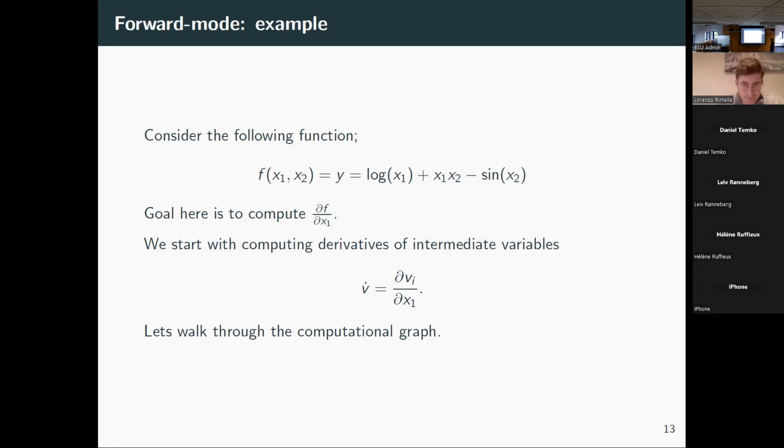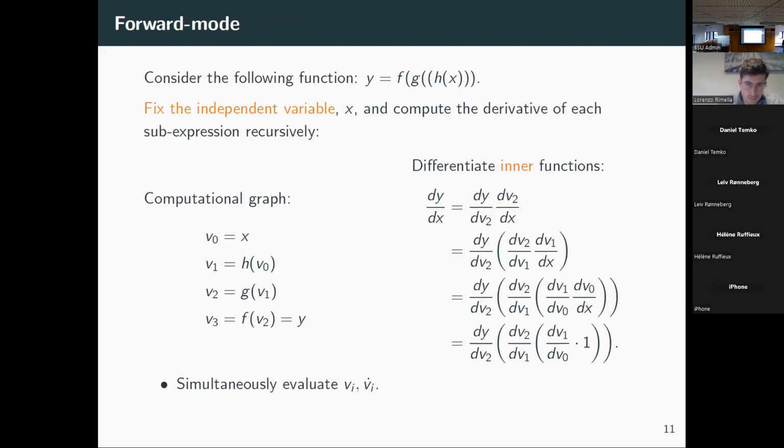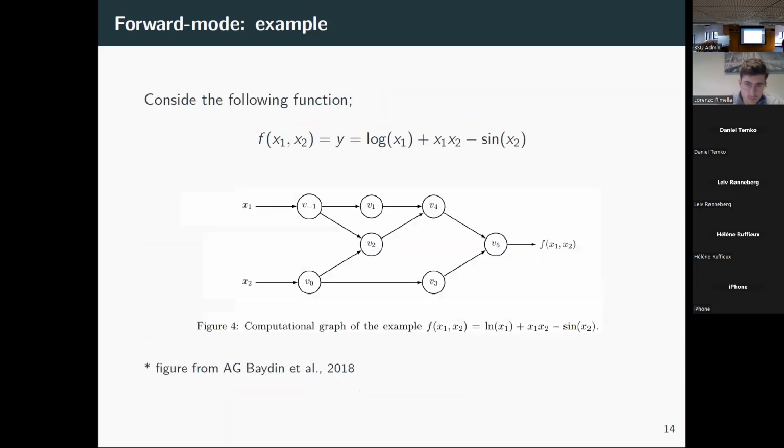So I took this example from a review paper on automatic differentiation that became quite popular in machine learning. The goal here is that we want to compute the derivative with respect to one of the inputs, x1, and we start with computing the derivatives of the intermediate variables.